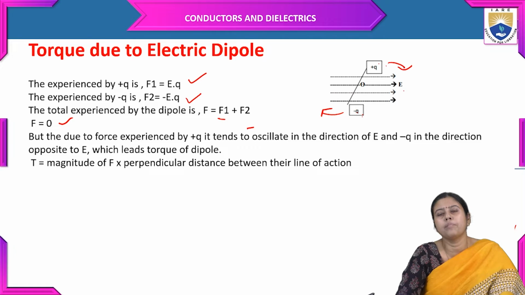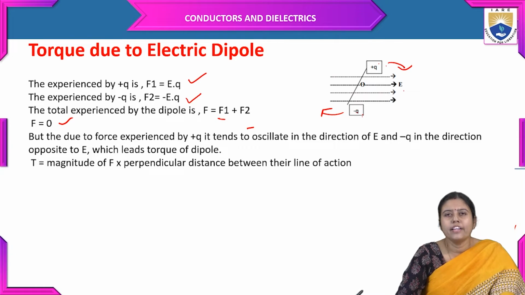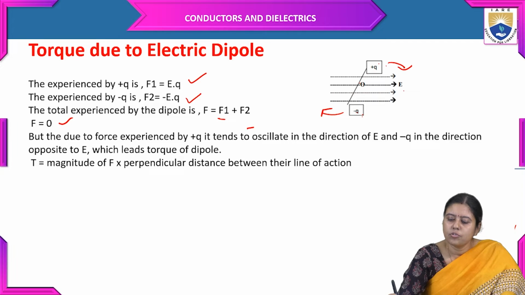So what is the value of the torque? We generally know torque is equal to the magnitude of the force into the perpendicular distance between the lines of action. This is the line of action.